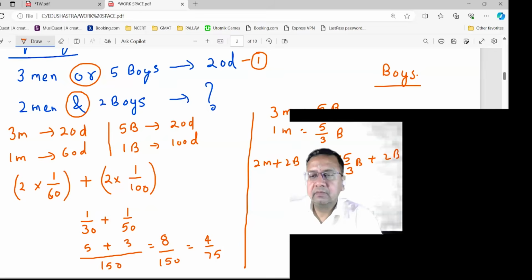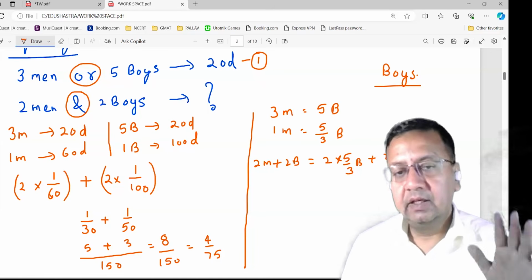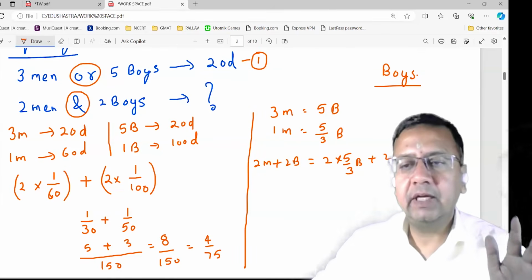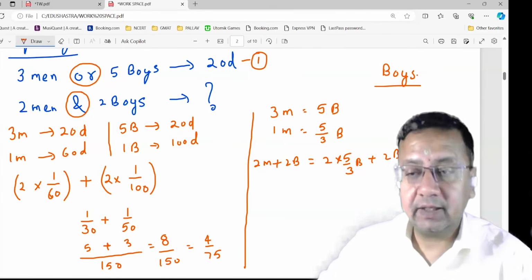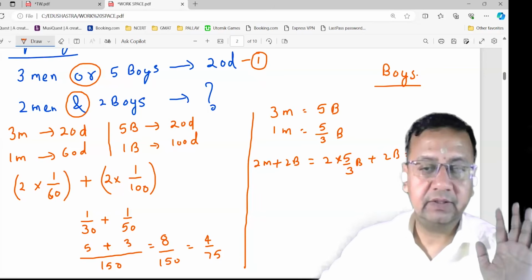So 16b by 3. Yeah, this is 16 by 3 of boys. Done. ये क्या किया, जो 2 men and 2 boys के ग्रुप था ना, उसका मैंने एफिशिएंसी बॉयज के टर्म्स में कैलकुलेट कर लिया। वो कितना हो गया, 16 by 3 ऑफ बॉयज, है ना?